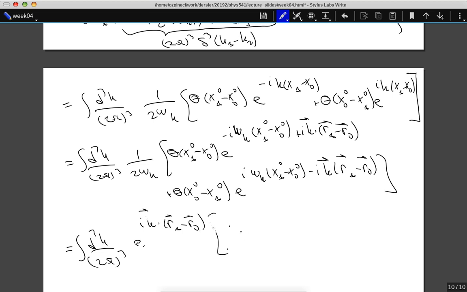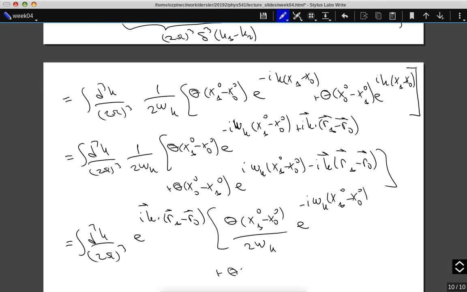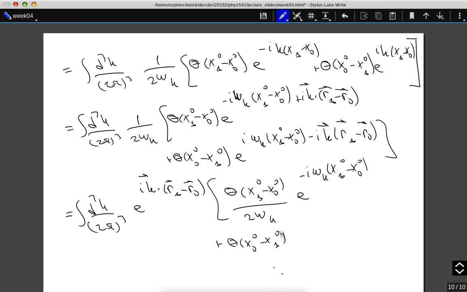Then I will have theta x10 minus x00 over twice omega k e to power minus i omega k x10 minus x00, plus theta x00 minus x10 divided by twice omega k e to power i omega k x10 minus x00.